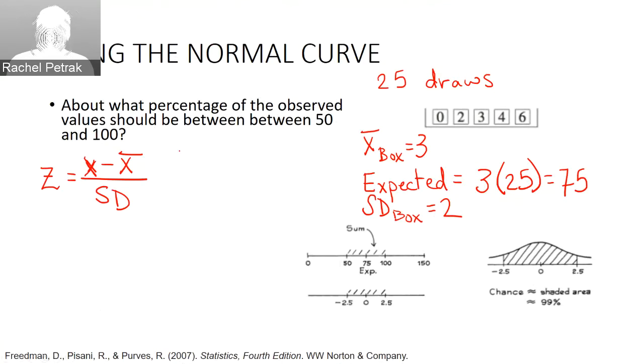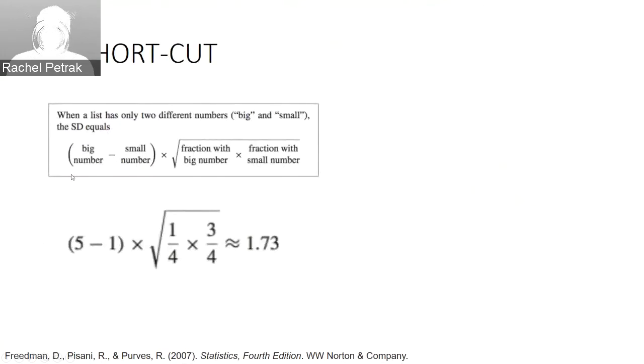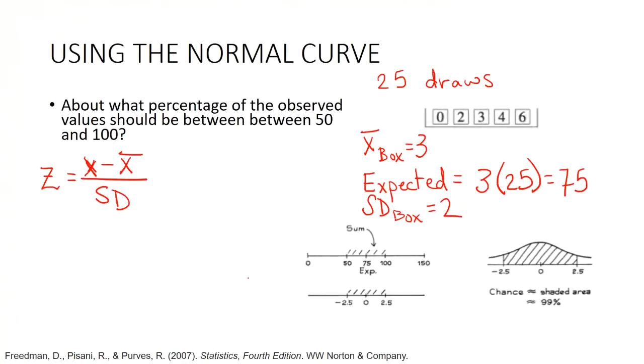We can algebraically manipulate this equation so that we can go from a z-score to a raw score, however we want. But luckily this time we're just going forward, as in we just want to find the z-score for the values 50 and 100.